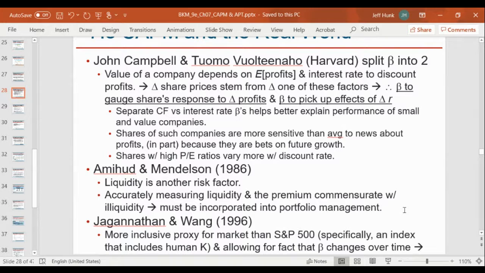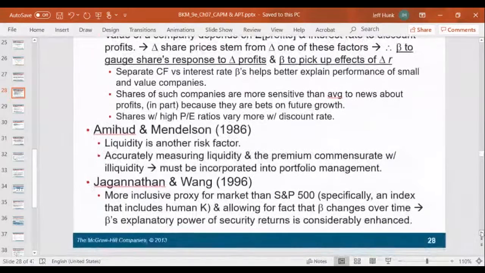And in 1996, Jagannathan and Wang also came up with the argument that a more inclusive proxy for the market than the S&P 500 is needed, specifically an index that includes human capital and allows for the fact that beta changes over time.